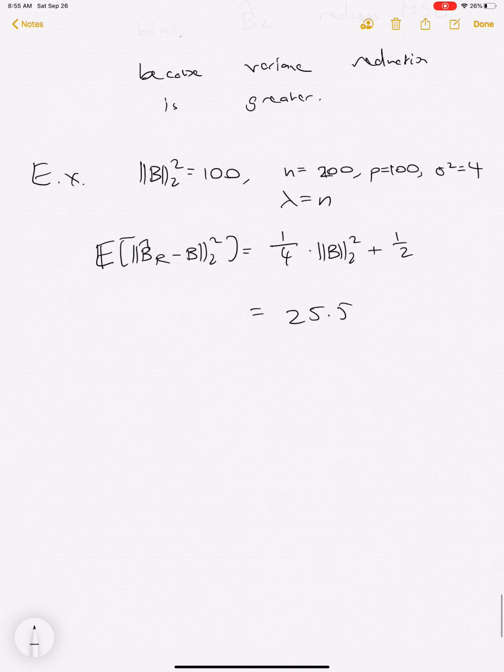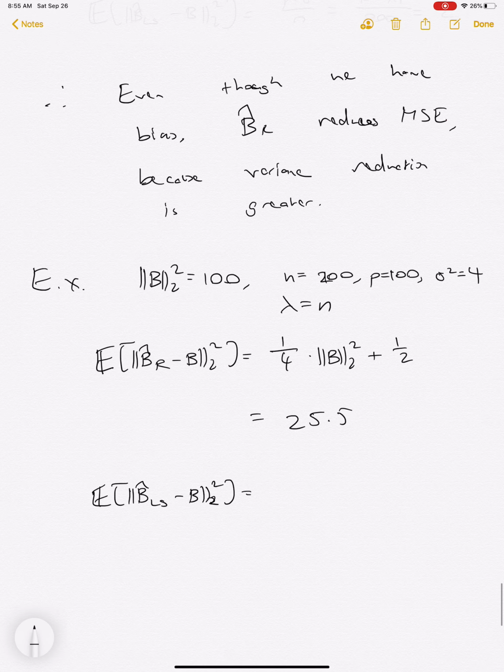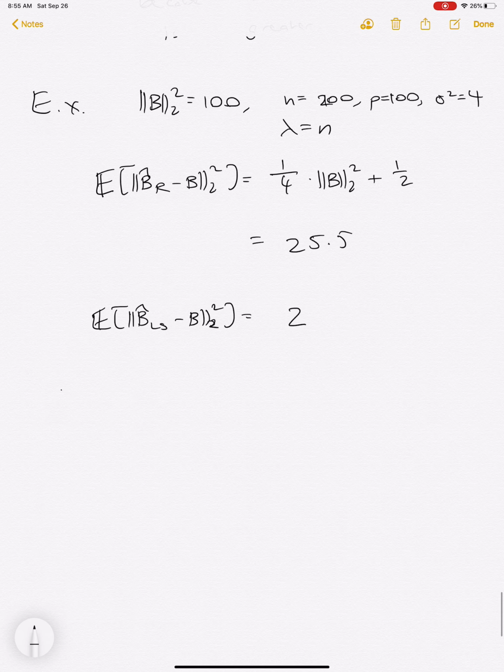And then obviously the least squares doesn't change, because all you've actually changed is the bias of the least squares, so this is going to again be 2. So therefore, beta hat R is much worse than beta hat LS, since you induce a huge bias.